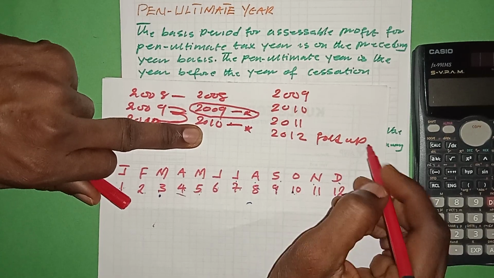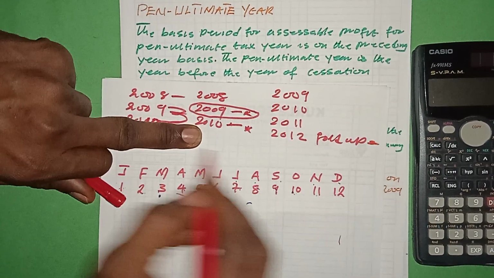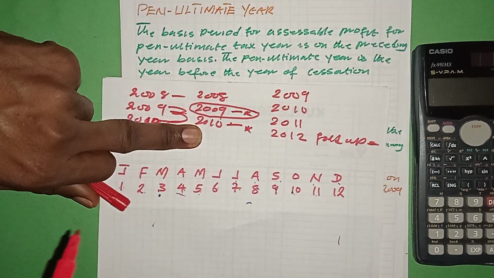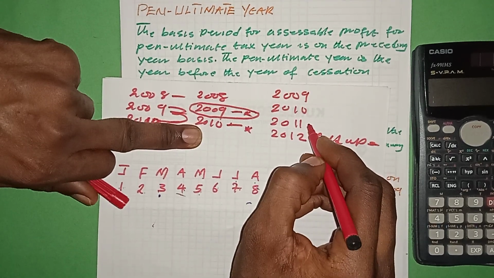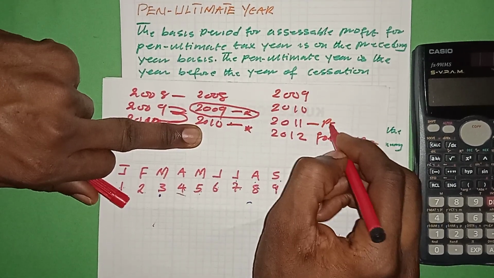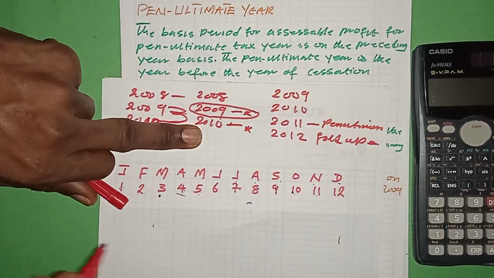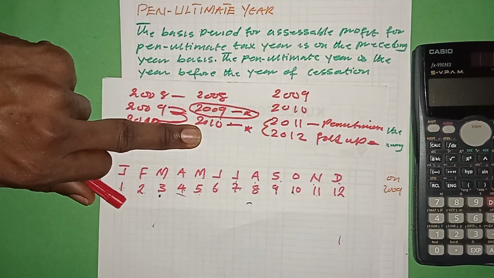Know that 2012 is your year of cessation. Now, a year before cessation is what? 2011. That's your penultimate year. So these are the 2 years under review that we are looking for.